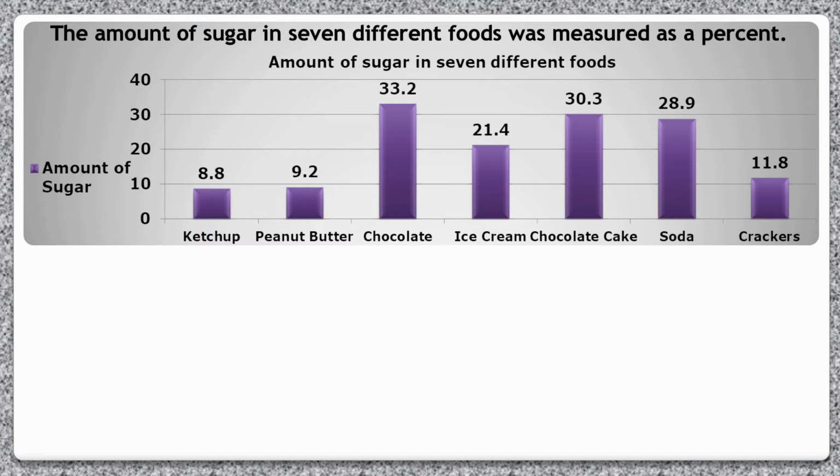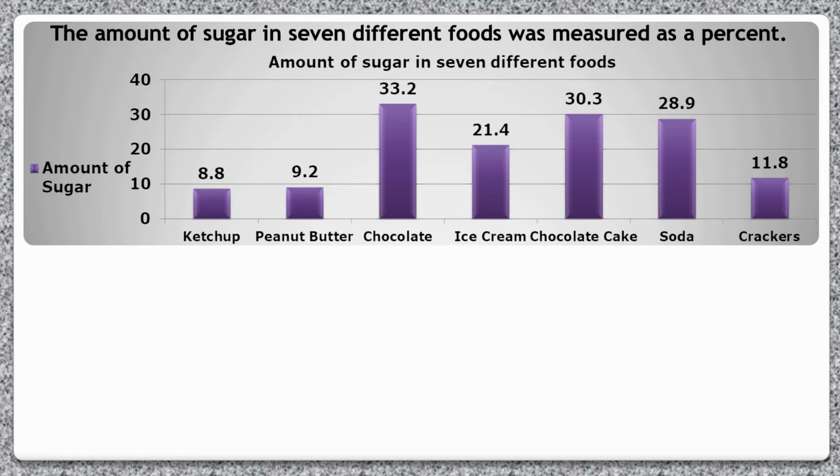And on vertical line, we have the ratio of amount of sugar. And the scale is 0, 10, 20, 30, 40.